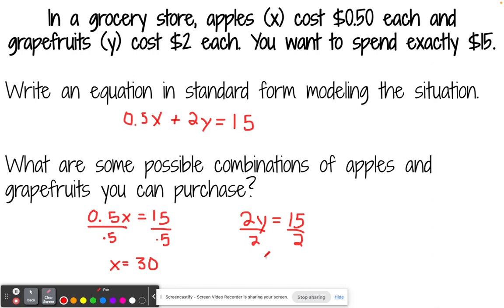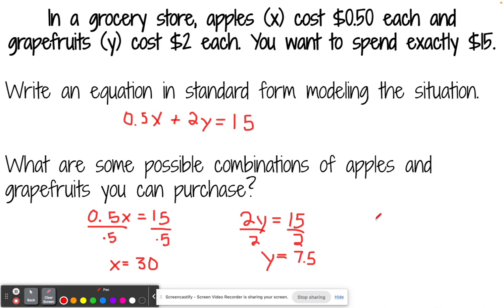It would tell me that I could buy 7.5 grapefruits, which is cool in theory. However, I have never been into a grocery store where they let me buy a half of a grapefruit. So this probably isn't a very valuable number. Now, I could still graph it and draw my line and find different combinations.